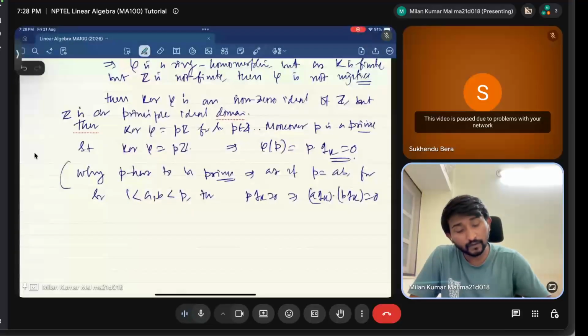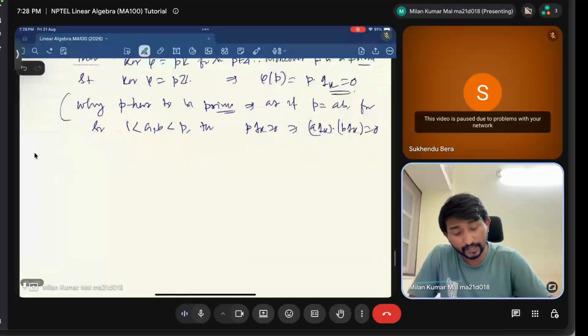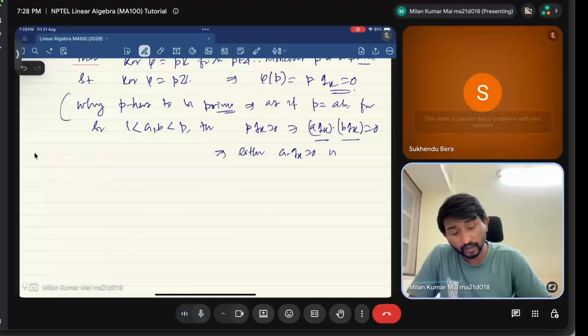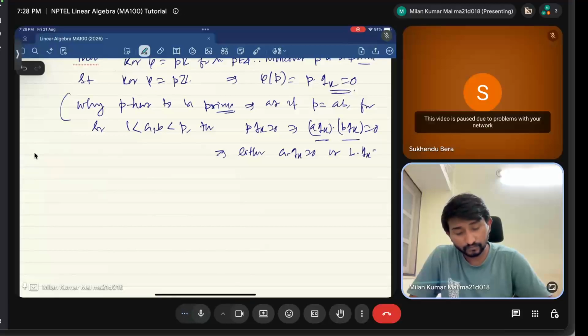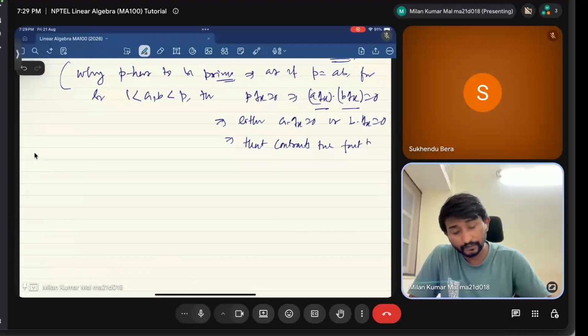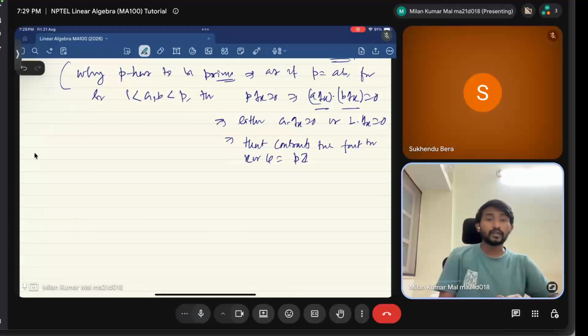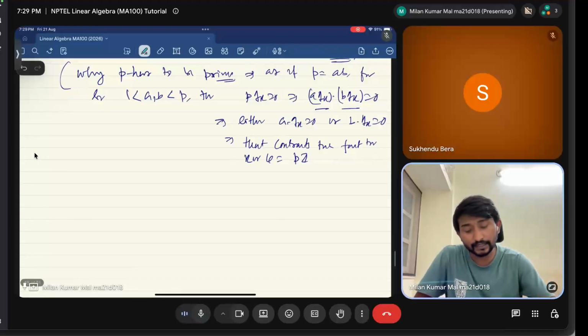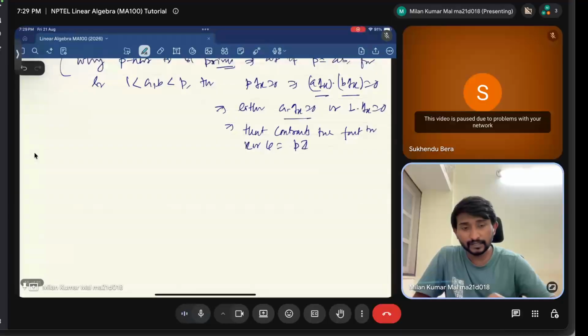As this is an integral domain, if the product of two elements is 0, that implies either a·1_K is equal to 0 or b·1_K is equal to 0. But that contradicts the fact that the kernel of phi is equal to pZ, because that sends every multiple of p to 0. But here we get elements a and b less than p that are also sent to 0.